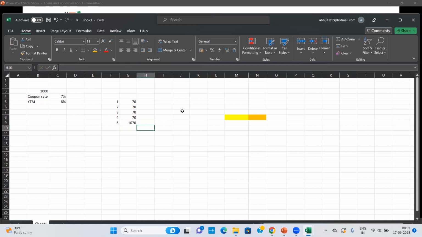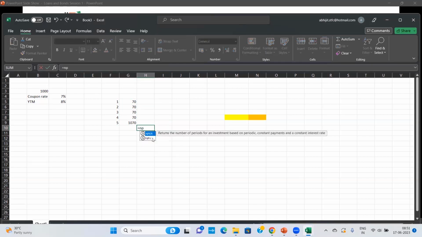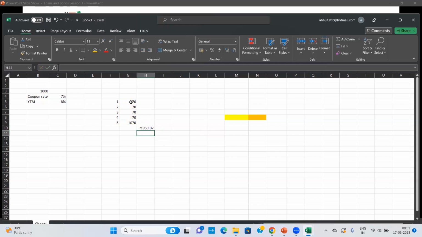Let us see whether we can do it or not. What is the rate? Rate is 8%. So it's 960.07. Even if you put a formula, it's 960.07 because you know the cash flows.